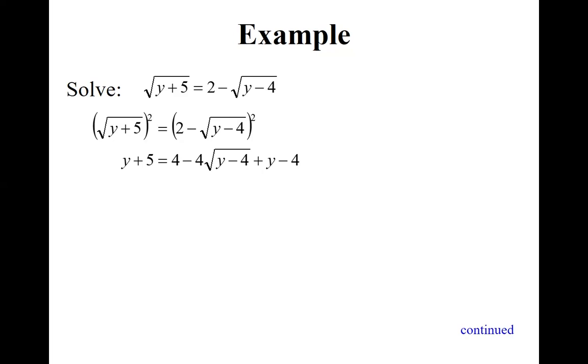And then last will be negative radical times negative radical. That's positive. The radicals cancel each other out, leaving us with y minus 4. Or you could use the special formula: square the 2, subtract 2 times the first times the second, add the square of the second.